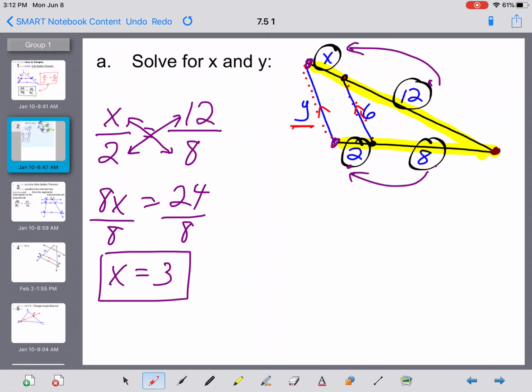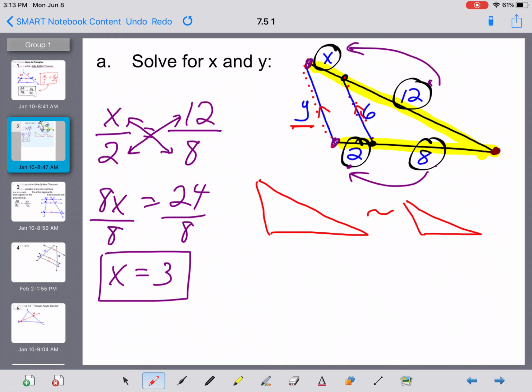So when you're dealing with one of the two parallel sides, what I really strongly advise is that you take just a minute to redraw the larger outer triangle and the smaller inner triangle, but to draw them separately. Those two triangles are going to be similar to each other. And if we can take the time to show this, I think we're going to understand the relationship. If we don't, people tend to make mistakes on this a lot.